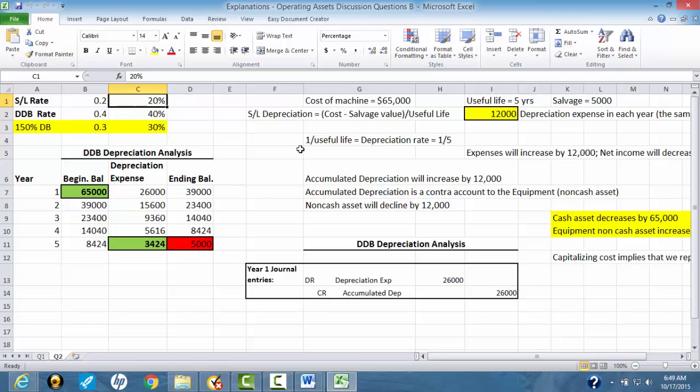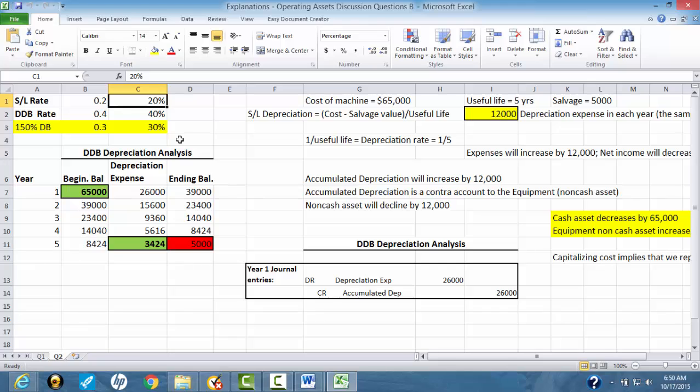After 5 years, depreciation is 100%. Of course, we will be depreciating the depreciable cost, the portion of the cost we can depreciate, and that is the cost minus the salvage value. So we'll be depreciating, in actual fact, $65,000 minus $5,000. And the straight line rate is 20%.